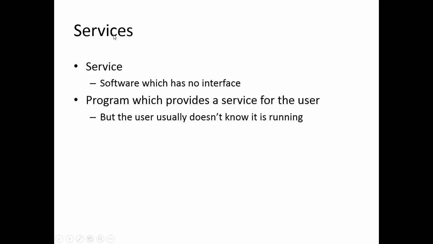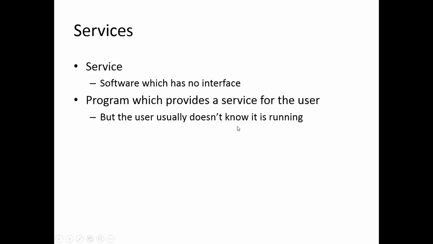Another component of the operating system are services. A service is a program which has no interface. It runs, but the user doesn't know it. A service is a program that provides some service or benefit for the user, but the user doesn't even know that that service is running.